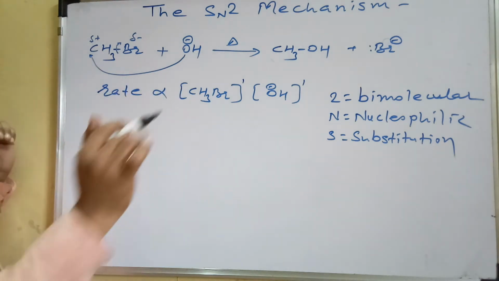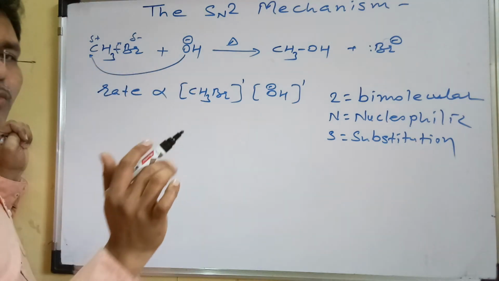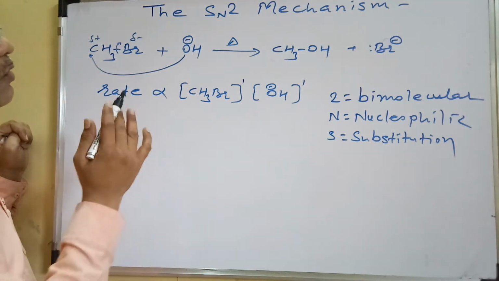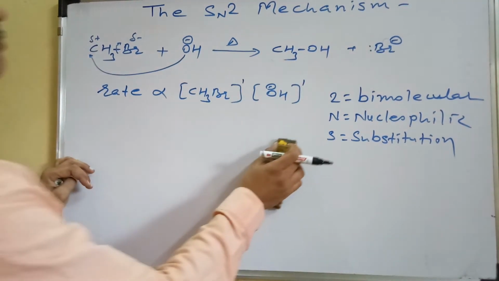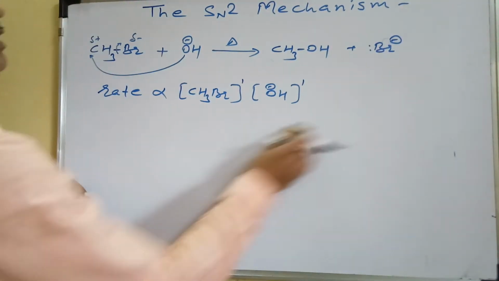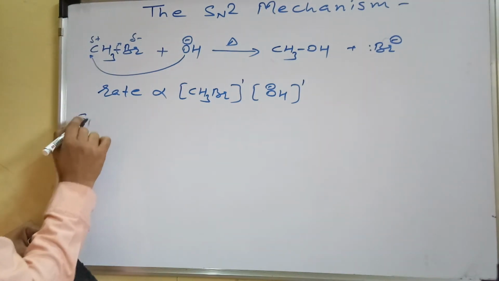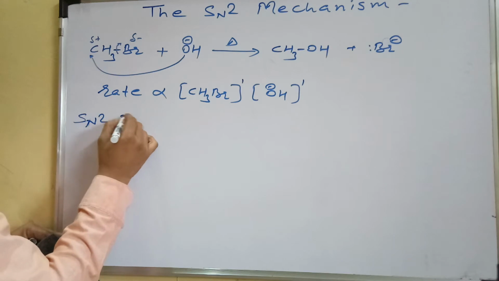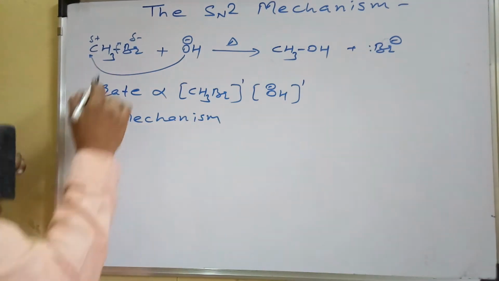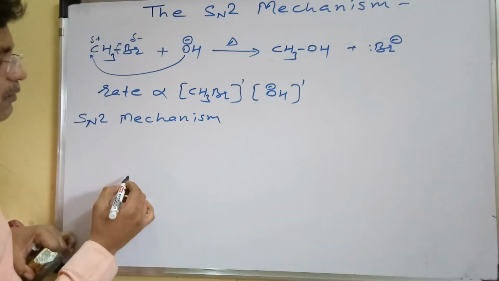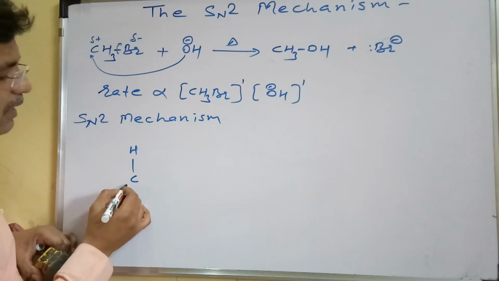See, this reaction takes place in a single step. That means bond breaking and bond making both take place simultaneously. So we'll see the mechanism of this reaction now. SN2 reaction mechanism. We'll write this molecule in a three-dimensional form: this central carbon and the 3 hydrogen atoms attached to it.